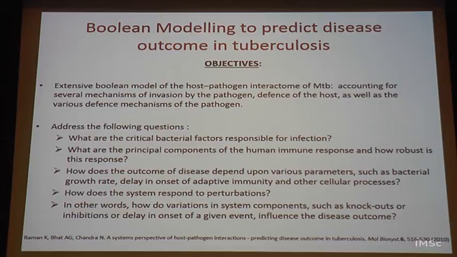That could be a perturbation. Or it could be a chemical perturbation, where an individual is being treated with a certain drug, or a vaccine for that matter, and therefore this particular component is up or down. It's modified in some sense. One can model all of those things with this model. So, in other words, how do variations in system components such as knockouts or inhibitions or delay in onset of a given event influence the disease outcome?